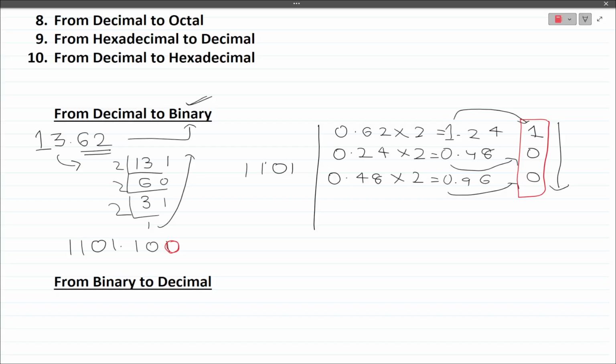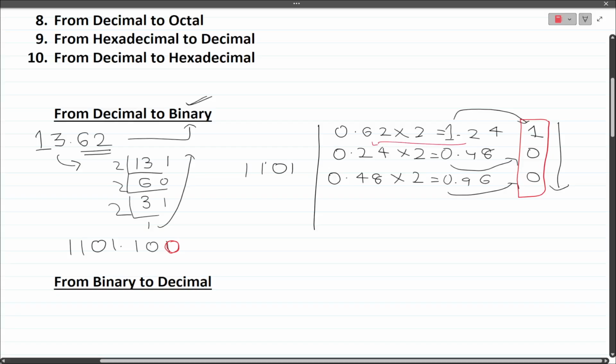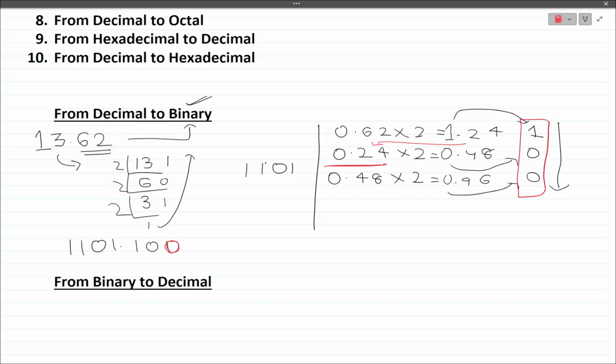And do remember, I have only taken the decimal part. Here my result was 1.24, but I have kept my 1 over there and only taken 0.24 and multiplied. Again I will be following this process.